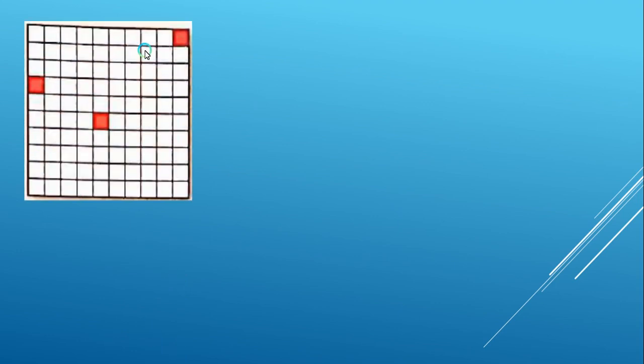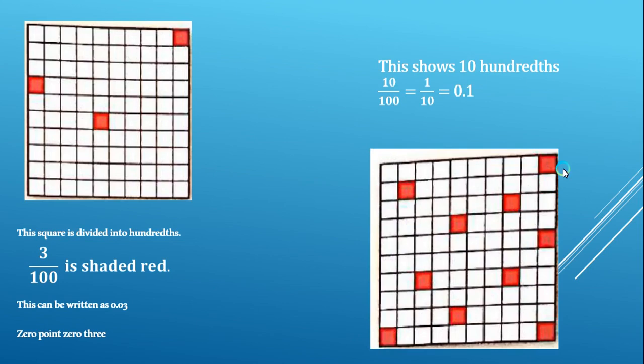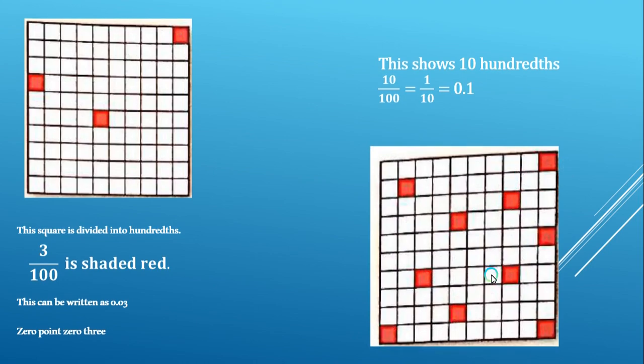Now if I give you, for example, a 100 square and I select 3 colored squares, the ratio or comparison between these 3 colored squares and the rest of the squares is 3 over 100 shaded red. It can also be 10 over 100 if we have 10 colored squares out of all 100.